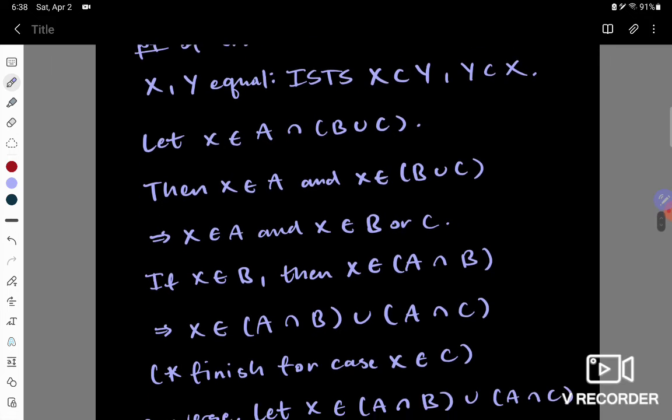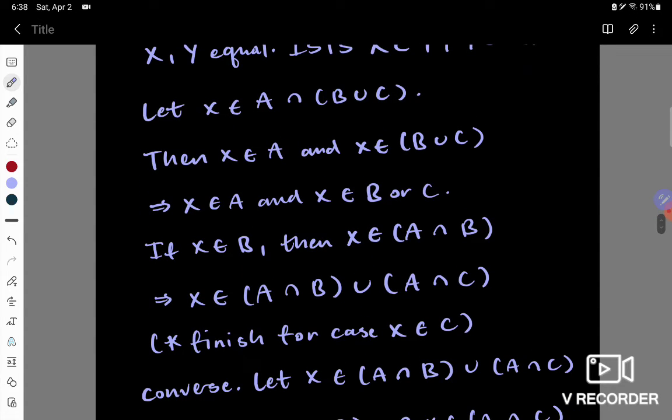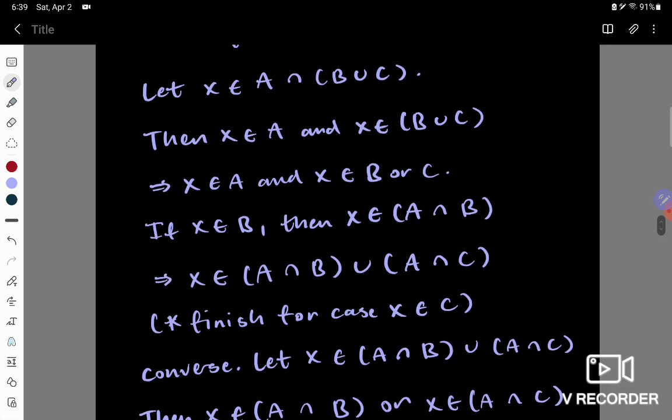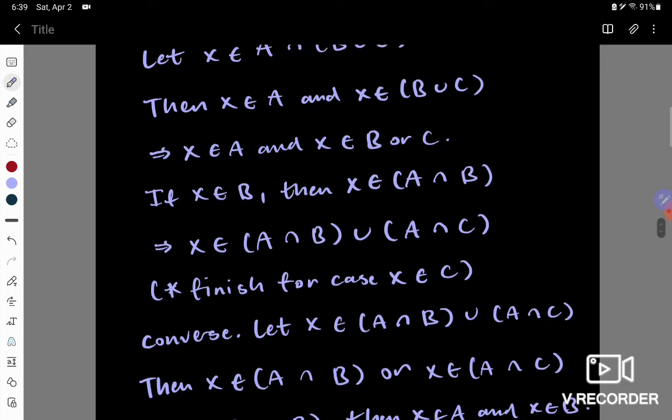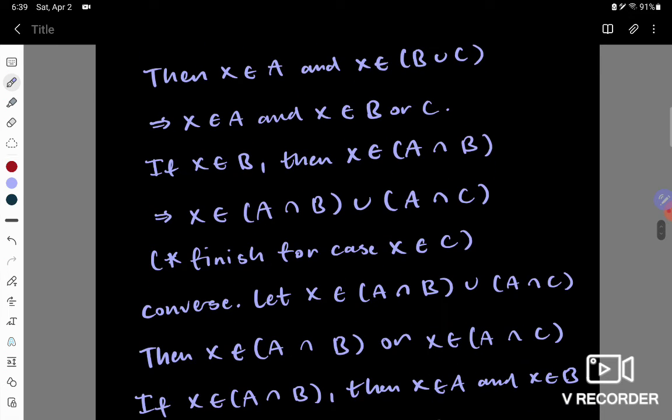why this is true. Now we want to show the converse because we've shown containment one way. That is, if x is in this left-hand side, then x is in the right-hand side. For this to be logically sound, we want to show that if x is in the right-hand side, then it's also in the left-hand side. So we take x in this expression over here. x is in A and B, or x is in A and C. So if this is true by supposition, we just write this out like this.